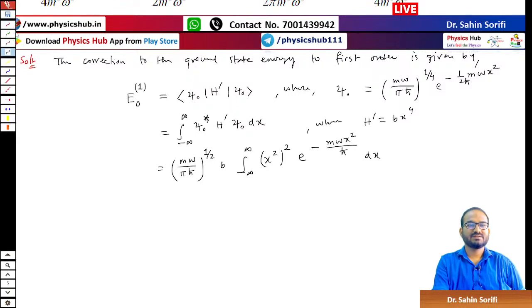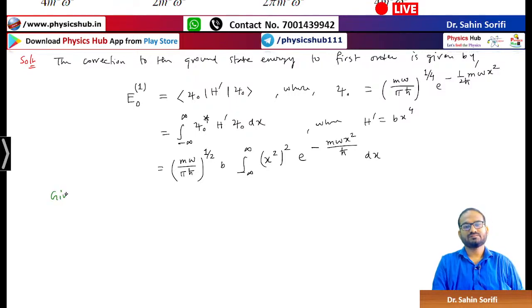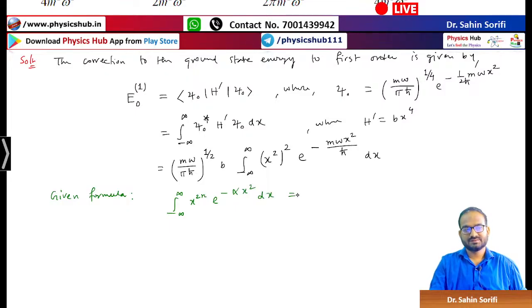Now what is the given formula? It is given that the integral from minus infinity to plus infinity of x to the power 2n e to the power minus alpha x square dx equals alpha to the power minus (n plus half) times gamma of (n plus half).